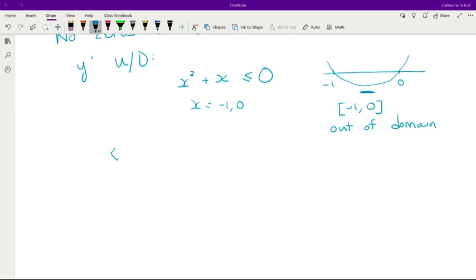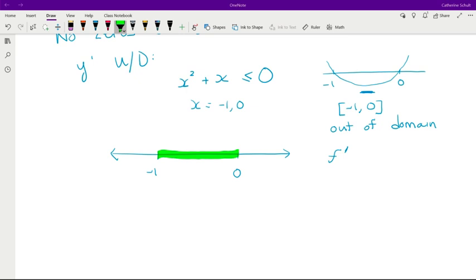Okay, so let's take a step back and figure out what we're working with. We're working with the derivative, right? Yes, we're undefined between these points. We're out of the domain. So it's hard to figure out what happens around these infinitely many critical values. But think about how the function's behaving.